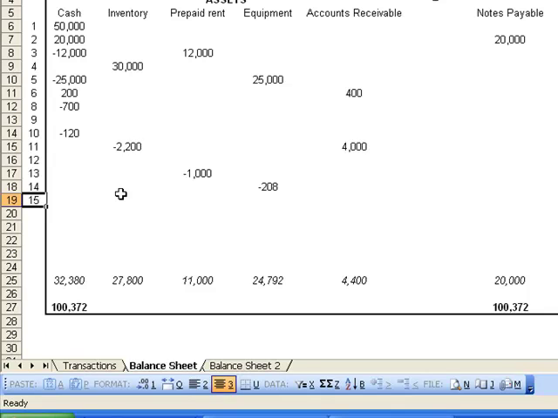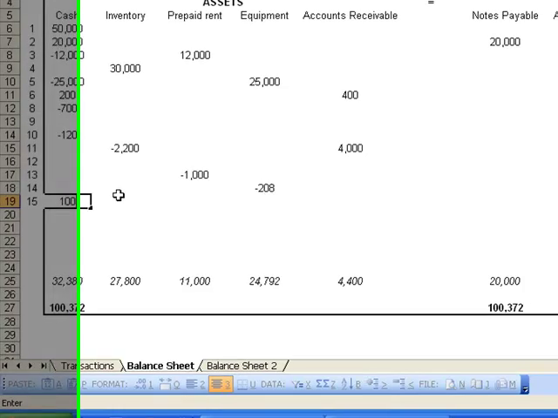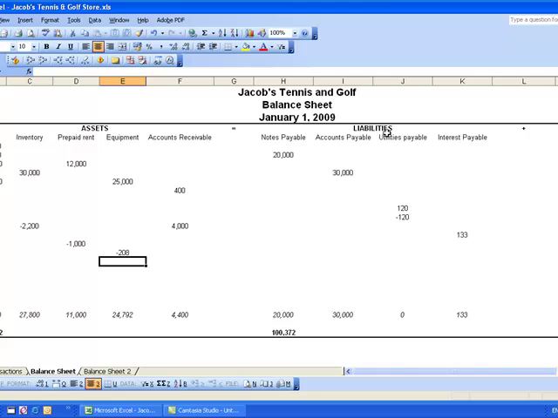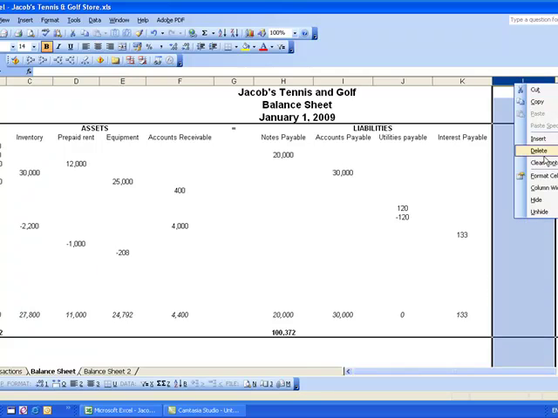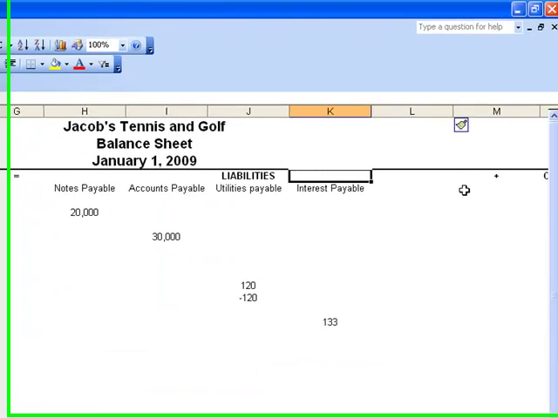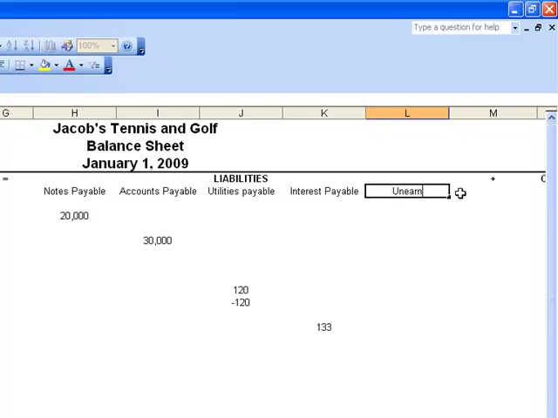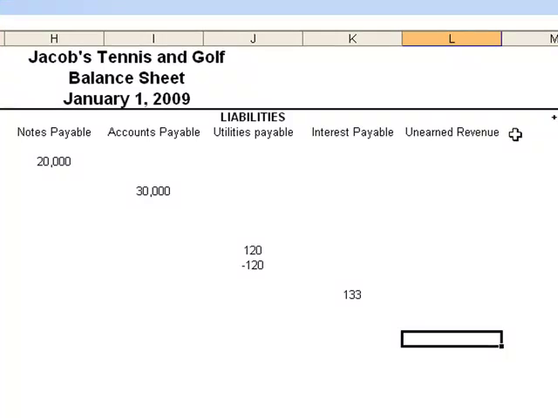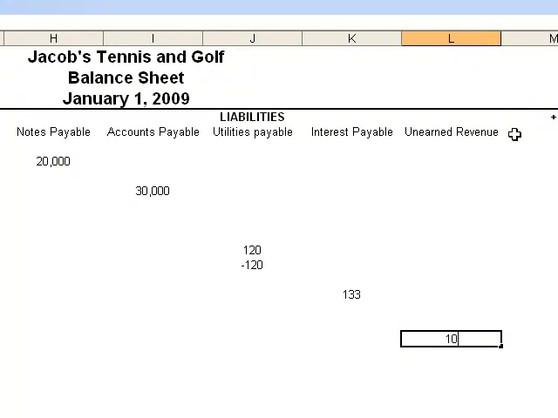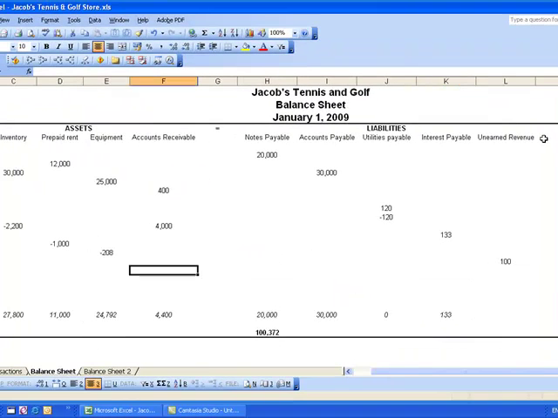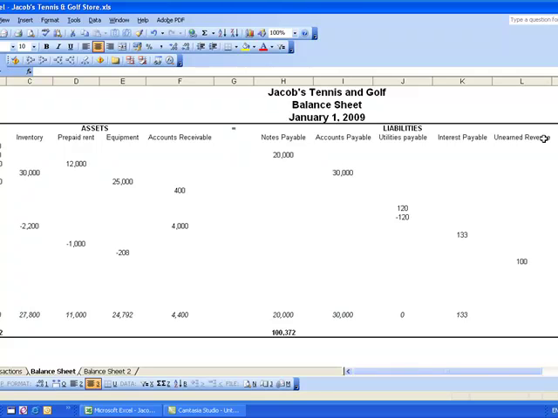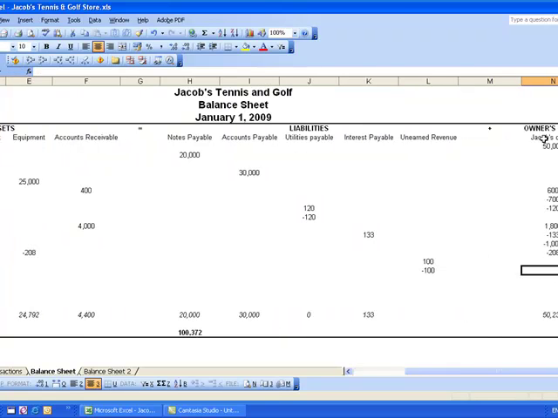So it's the 15th transaction, we have received cash, and for liabilities, let's add another line, unearned revenue, again 100, and the last transaction will be recognition of unearned revenue, which will decrease. So we have delivered the service and we have recognized the revenue.